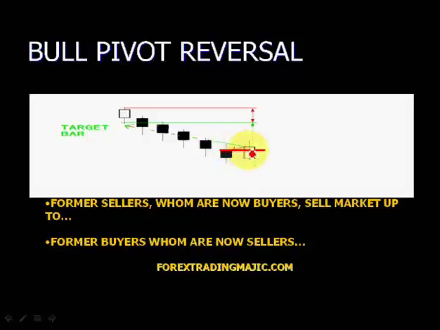In the context of a swing, this reversal bar is now called the pivot bar. And I'm reminding of that because some of my students get confused on the difference. This reversal bar is now the pivot bar.